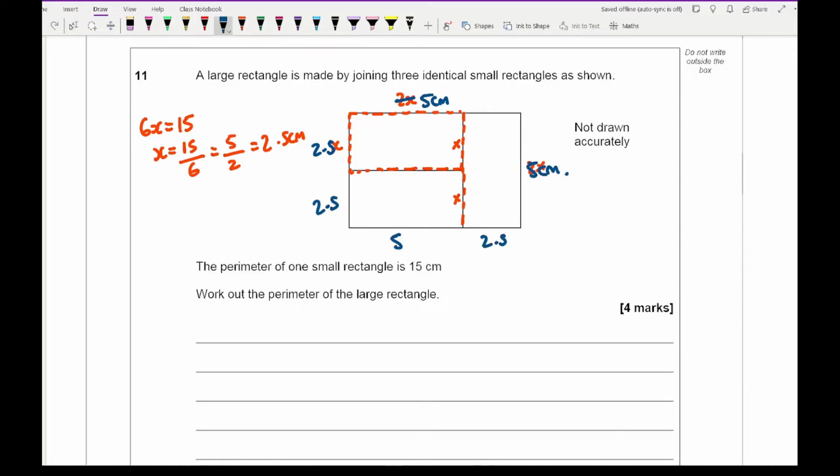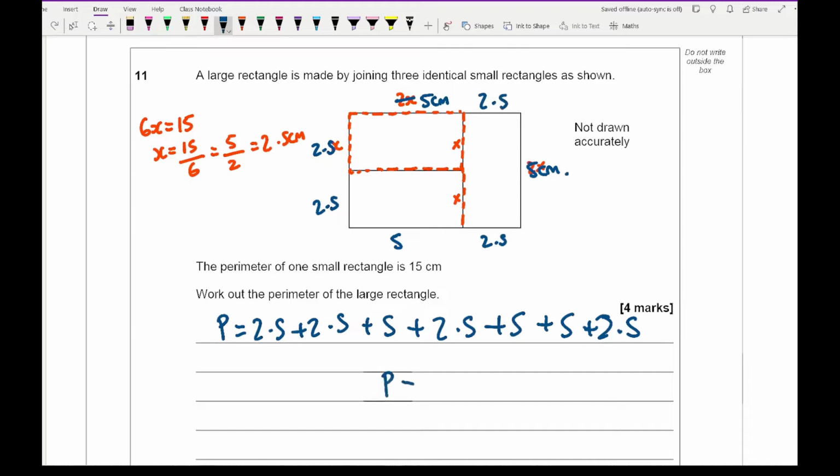So to work out the perimeter of the large rectangle, it's going to be 2.5 plus 2.5 plus 5 plus 2.5 plus 5 plus 5 plus 2.5. If I add that all up, that gives me 15 plus 10, which gives me an answer of 25 centimeters.